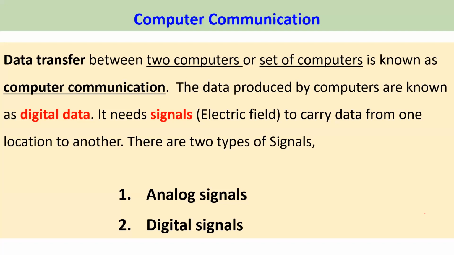That means computer-made data or signals cannot go through air. Then how are computer-made signals delivered from one location to another? We'll learn how to do that. Then we'll move to the next slide.